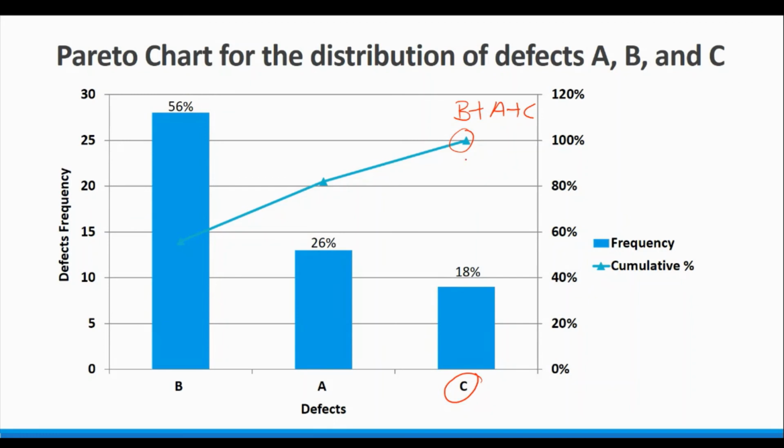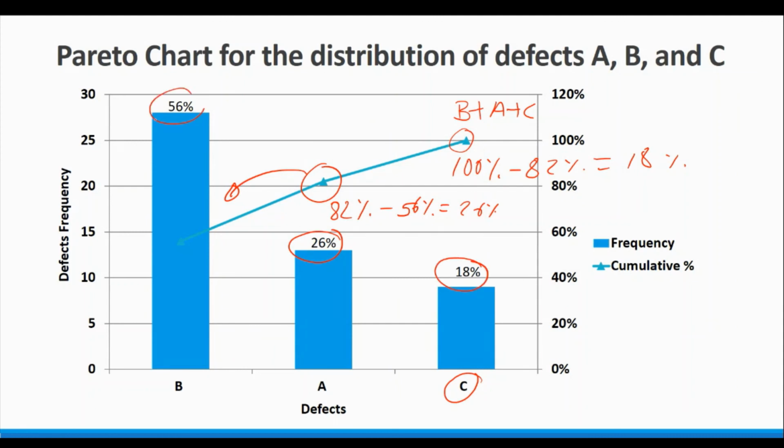So to get the total percentage of complaints generated by defect C, you will have to do 100% minus 82%. What was before? 18%. Okay. If you wanted to see the percentage of complaints generated by defect A by itself, you will then have to subtract the information from before, which means you will have to subtract 82% minus 56%, which will be equal to 26%. Okay, and these right here are the percentages of the defects alone, not cumulative.